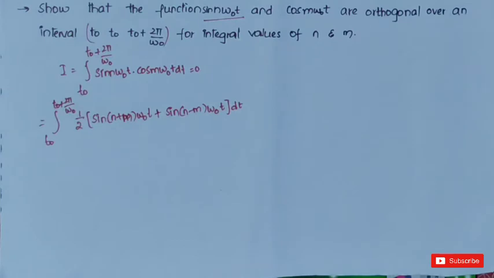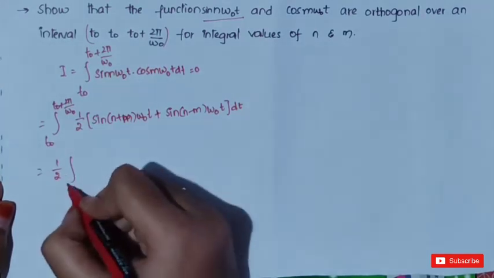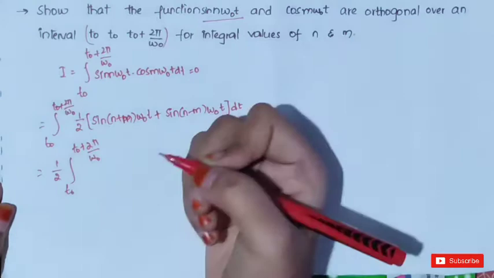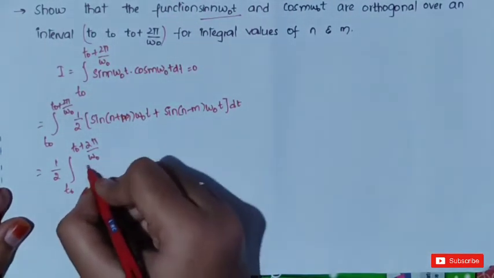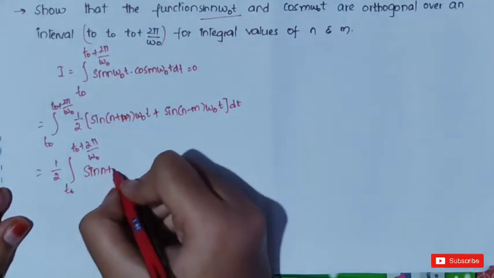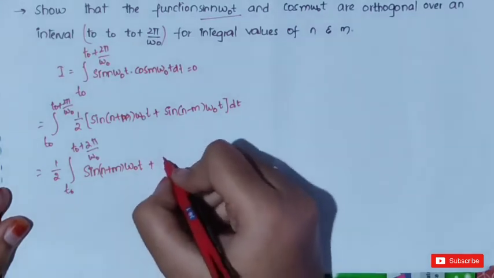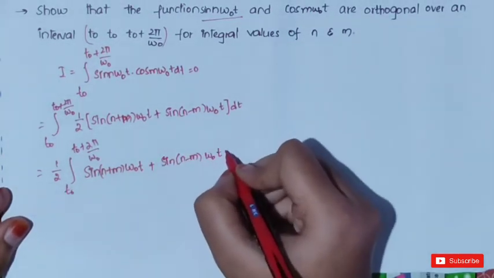This is the formula for sin a cos b: sin a cos b is nothing but 1 by 2 of sin a plus b plus sin a minus b. So bring 1 by 2 to outside since it is a constant. So integral t naught to t naught plus 2 pi by omega naught of sin (n plus m) omega naught t plus sin (n minus m) omega naught t dt.